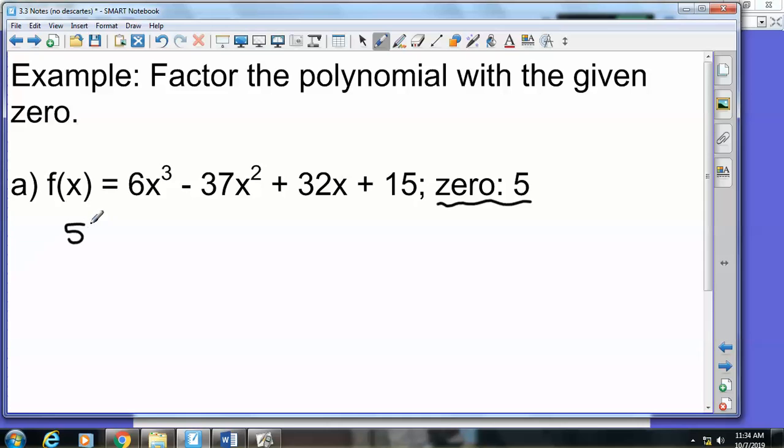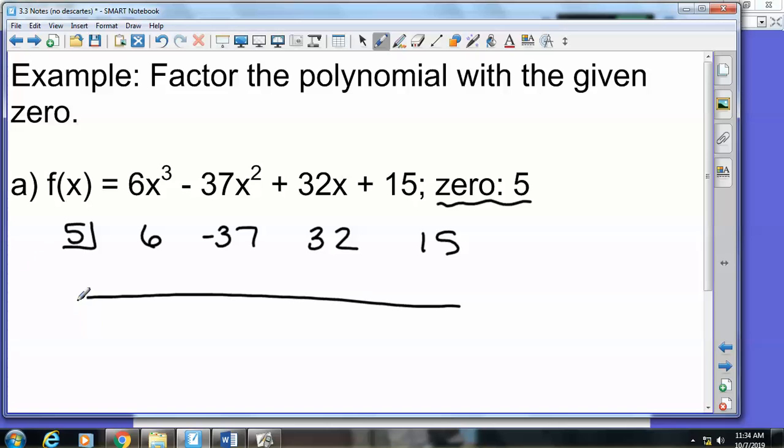I'm going to put my 5 here, and then my coefficients. And I already know, what should I get for my remainder at the end of this? 0. If I don't, I have made a mistake because I already told you it will be 0.